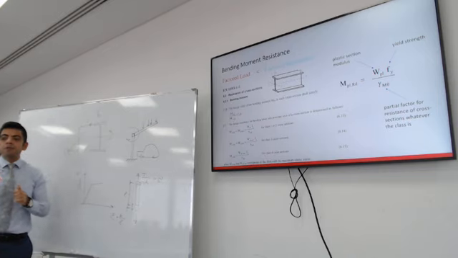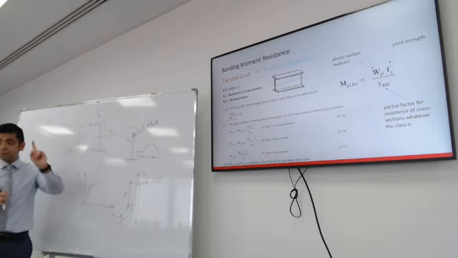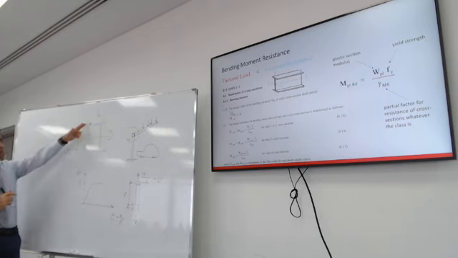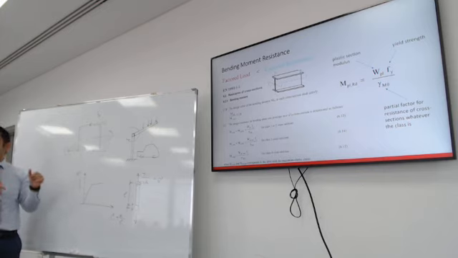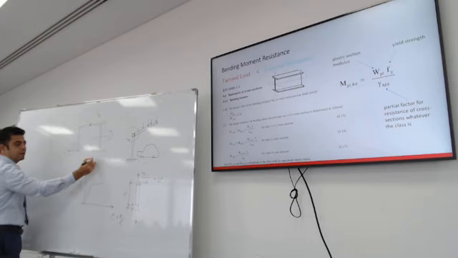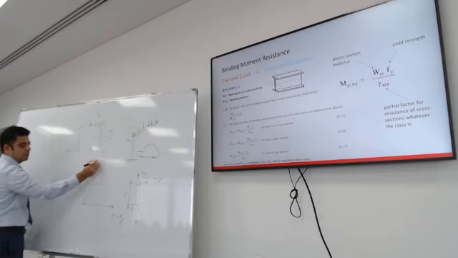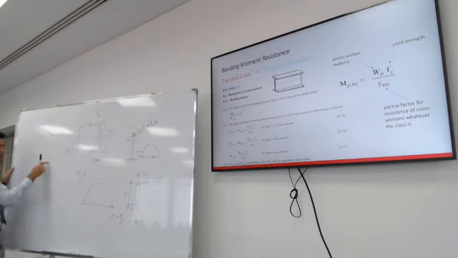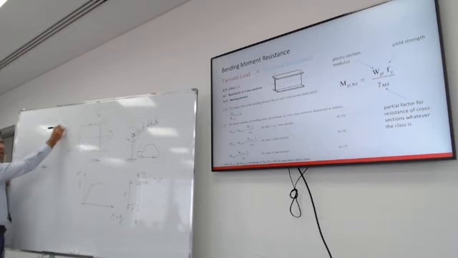Okay? If the section is class 1, class 1 can achieve yield at the entire tension and compression part of the section. So if this happened to be a class 1 section, like this, I can achieve yield stress all the way to the neutral axis.